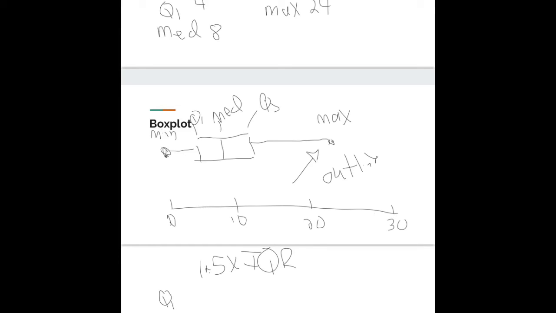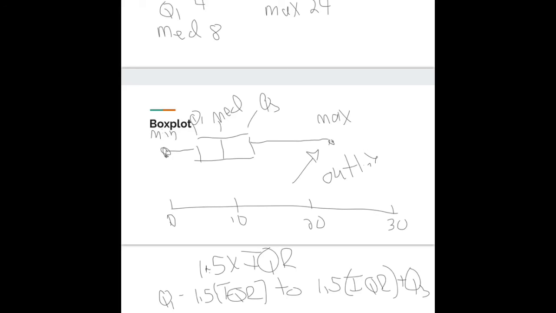So I do Q1 minus 1.5 times IQR all the way up to 1.5 times IQR plus the Q3. So that creates something called fences. And anything that falls outside those fences, we would consider that an outlier.